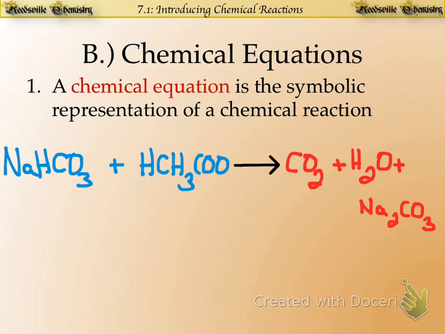Now let's define some things about a chemical equation. The stuff in the red, we call that stuff a product. That's being produced. That's what we have left over at the end of the chemical reaction. The stuff in the blue, we call those things reactants.